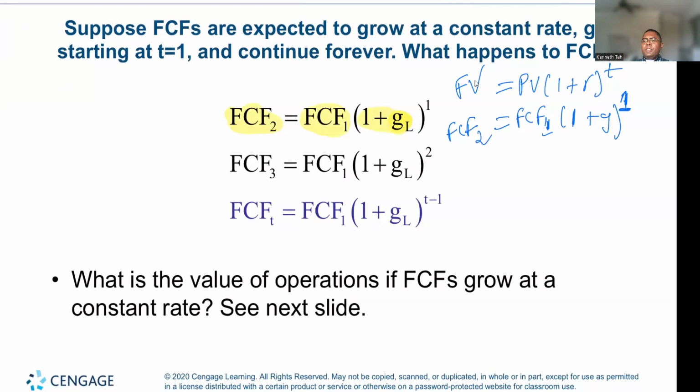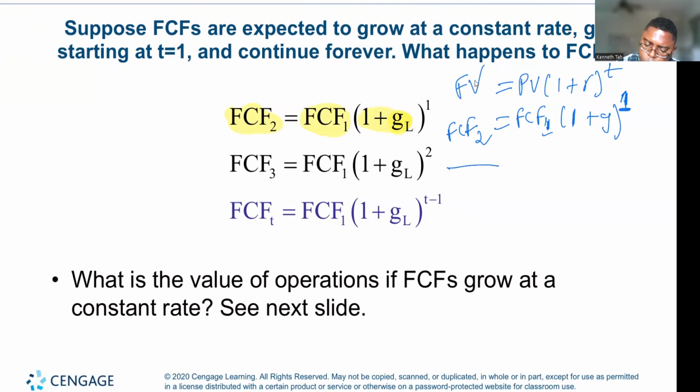So we are using time value of money to see that if the growth rate is g, then free cash flow for year 2 is going to be free cash flow for year 1 times 1 plus g.